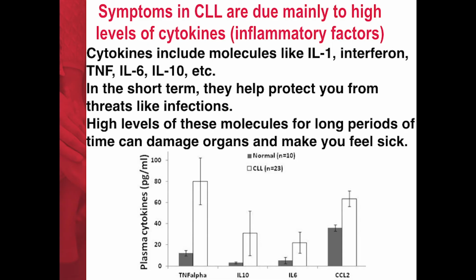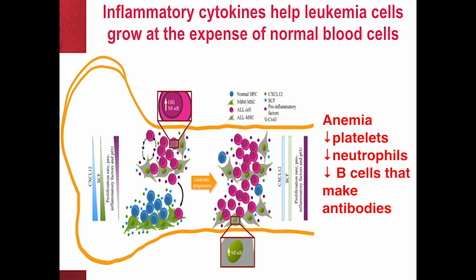How do they cause the signs and symptoms of CLL? Well, we've said a lot of the problems in CLL occur in the bone marrow. So in the bone marrow, the normal stem cells that produce platelets, B cells, red cells, as CLL cells grow, there can be high levels of these inflammatory cytokines in the bone marrow, which both paralyze the normal hematopoietic cells.